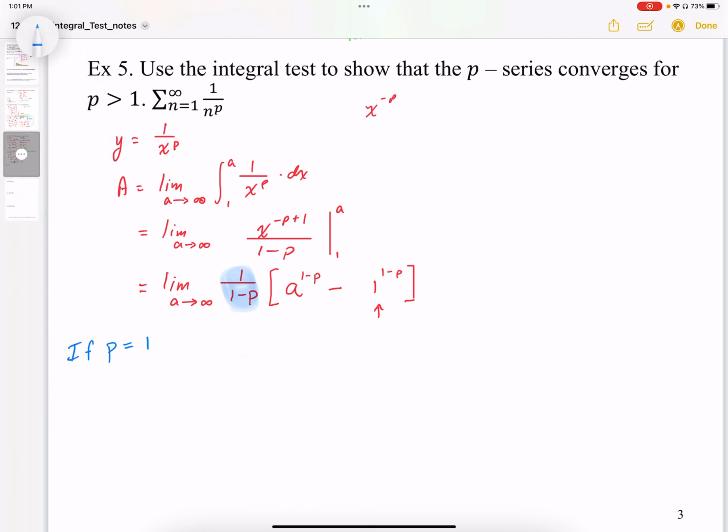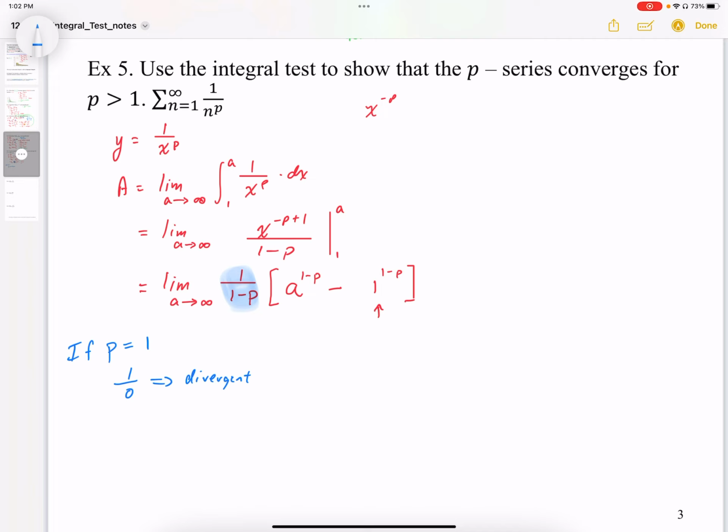If p is equal to 1, we end up with 1 over 0. We divide by 0, which means it's divergent. When we talk about the harmonic series, that's when p is equal to 1, so we know this must be divergent.